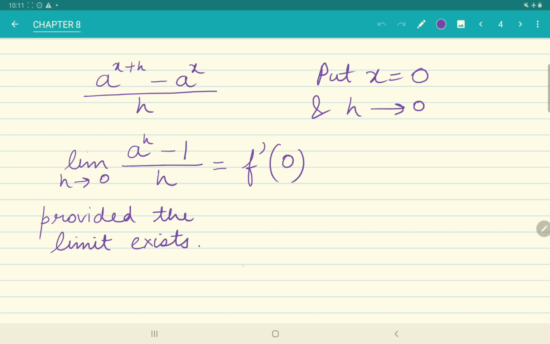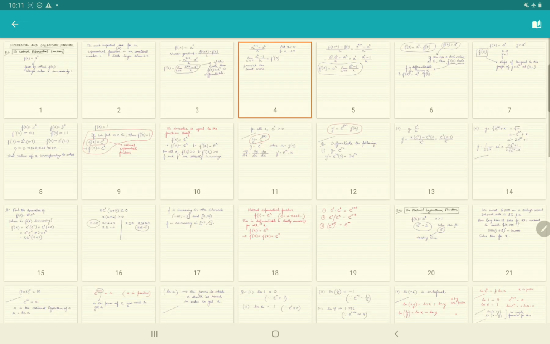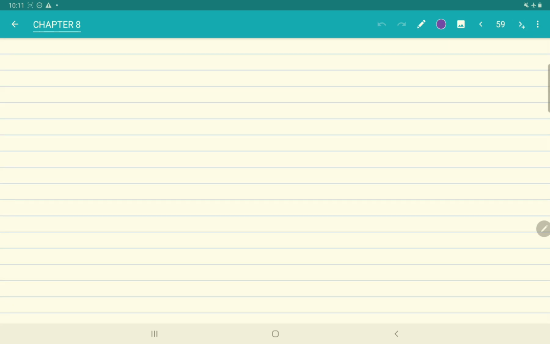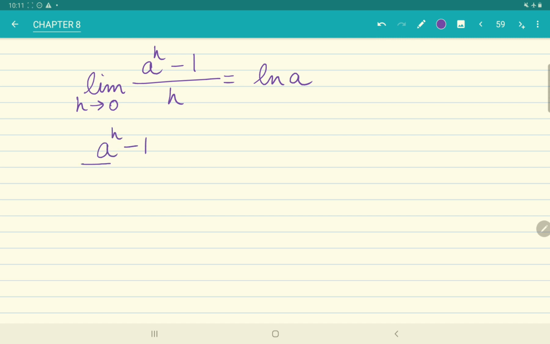If this is something that I already know, that means I can now write this: limit h tending to 0, a raised to the power h minus 1 by h, is equal to ln a. And it actually means I can write that a raised to the power h minus 1 by h tends to ln a as h tends to 0.